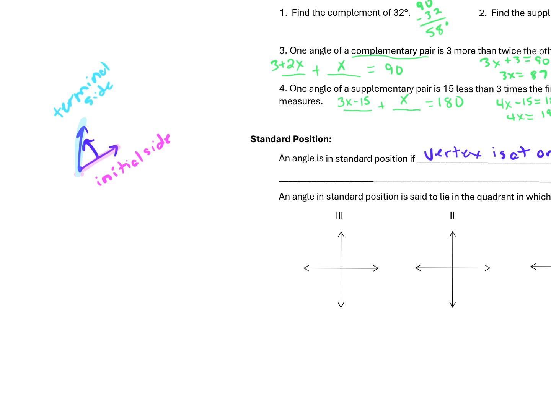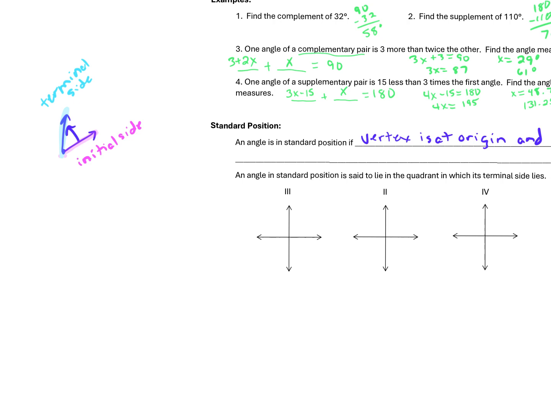Terminal as in terminating or ending, right? So initial, that's where we're starting, and then we rotate, and then we stop, and at that terminal where we stop, where we terminate, that's our terminal side. Okay, so just a little bit of vocabulary there.